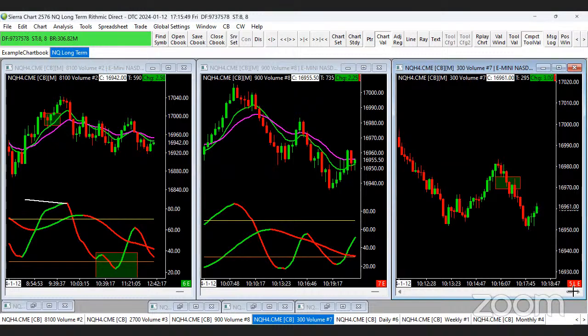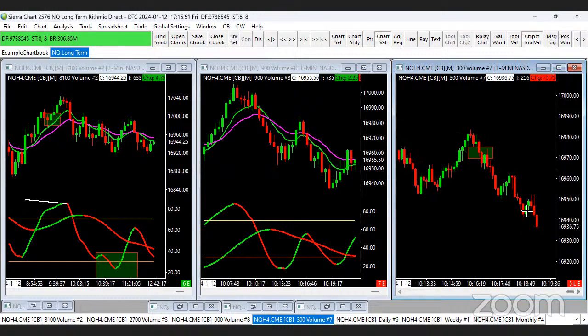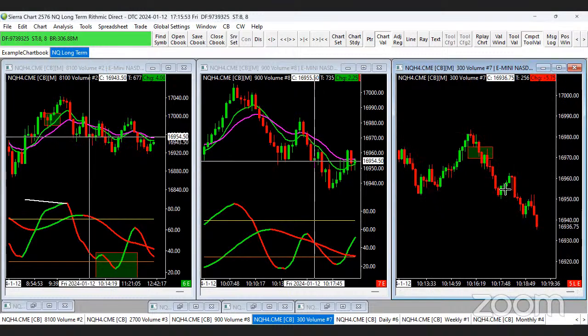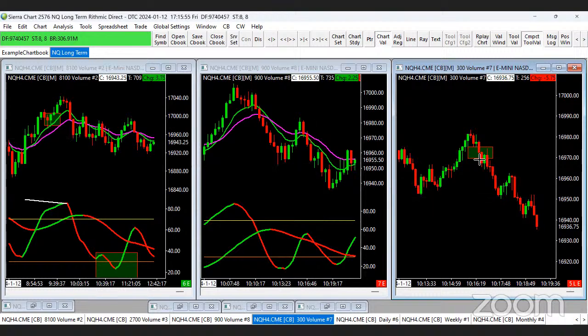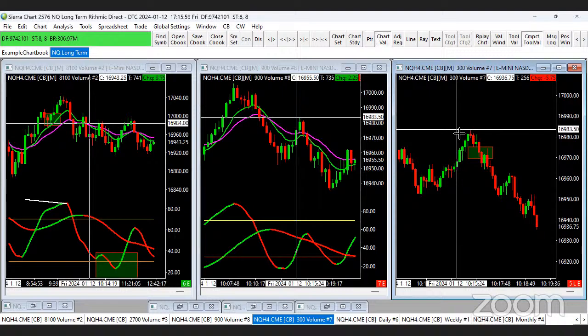We're going to get in at 70, and our stop on this particular trade is 85. So we're going to be risking $300 on this trade. Bad price in, bad price out.